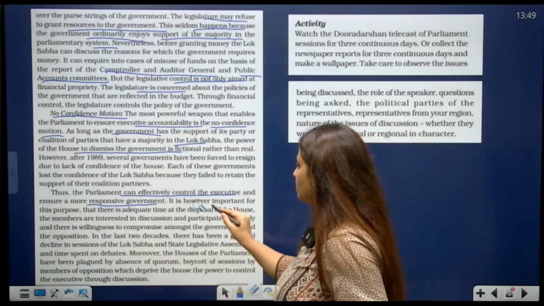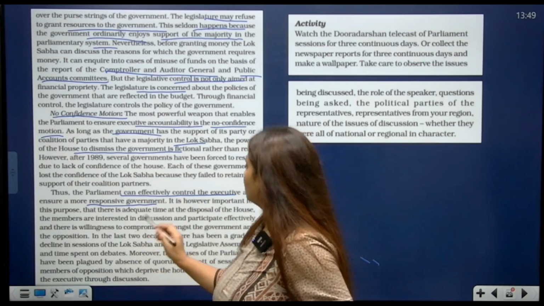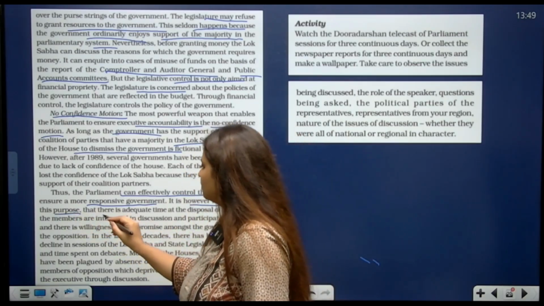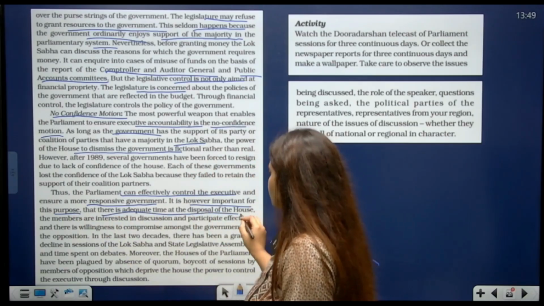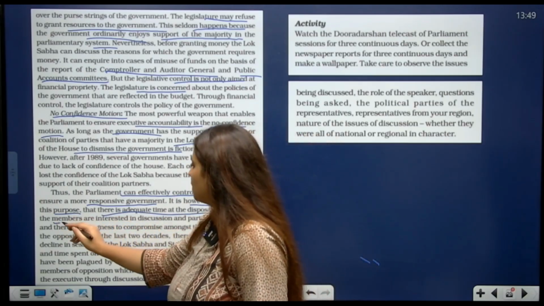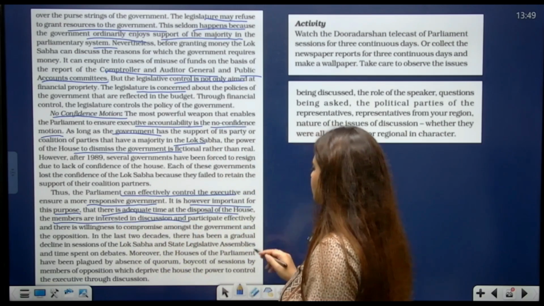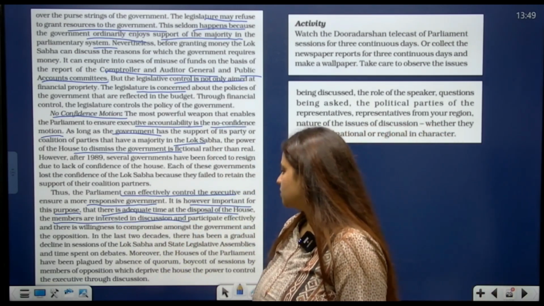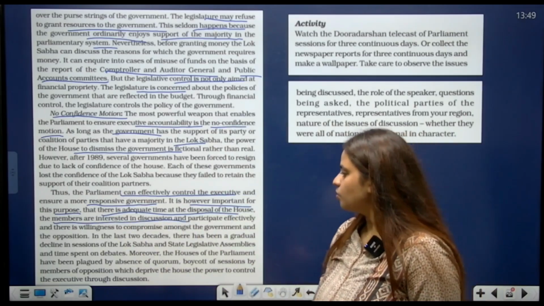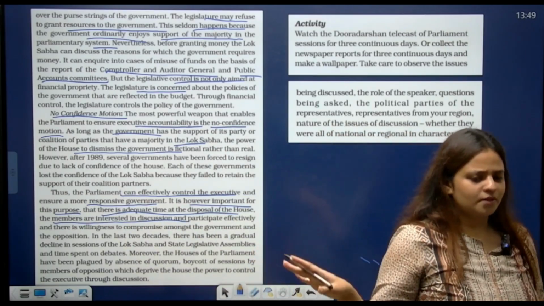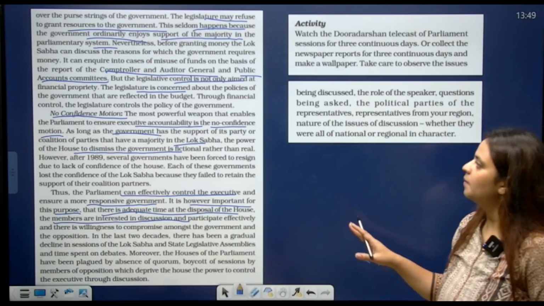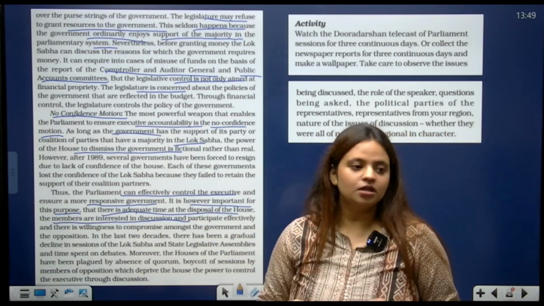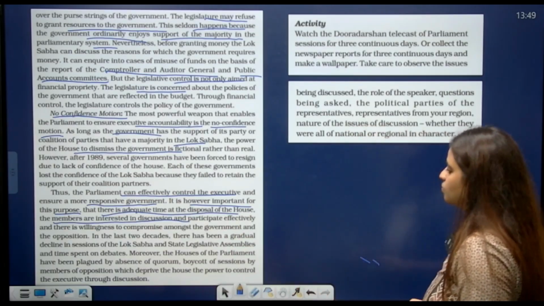It is however important for this purpose that there is adequate time at the disposal of the house, and the members are interested in the discussions and participate effectively, and there is willingness to compromise amongst the government and opposition. So these are some instruments which make sure that there is control over the executive.